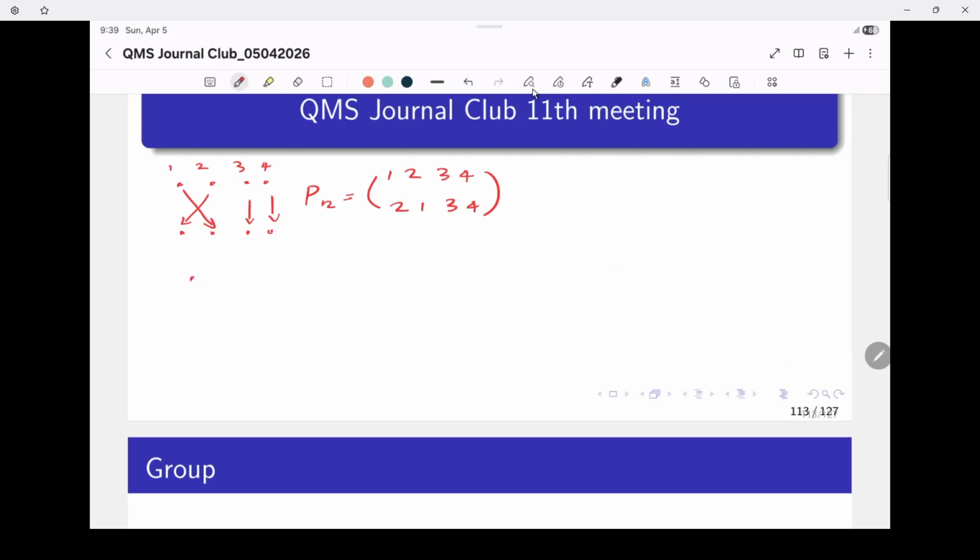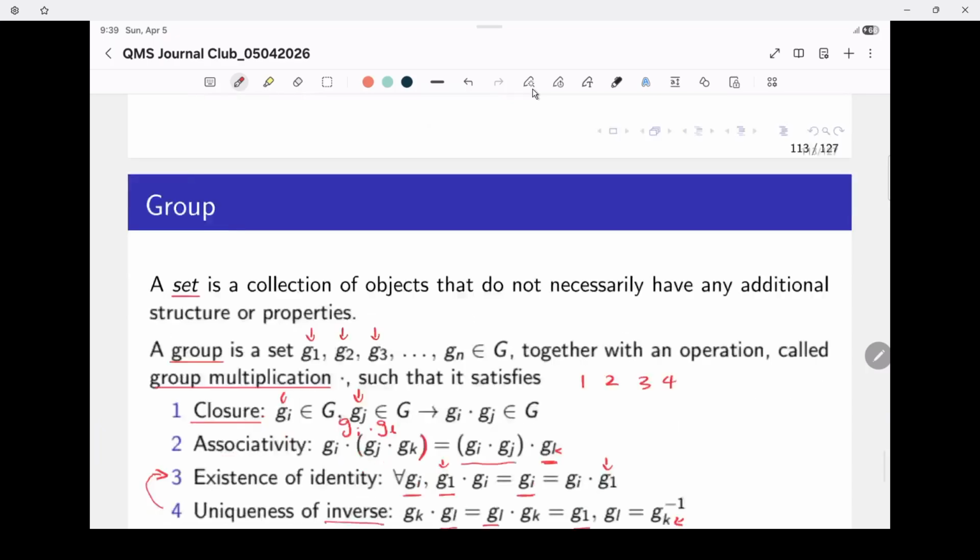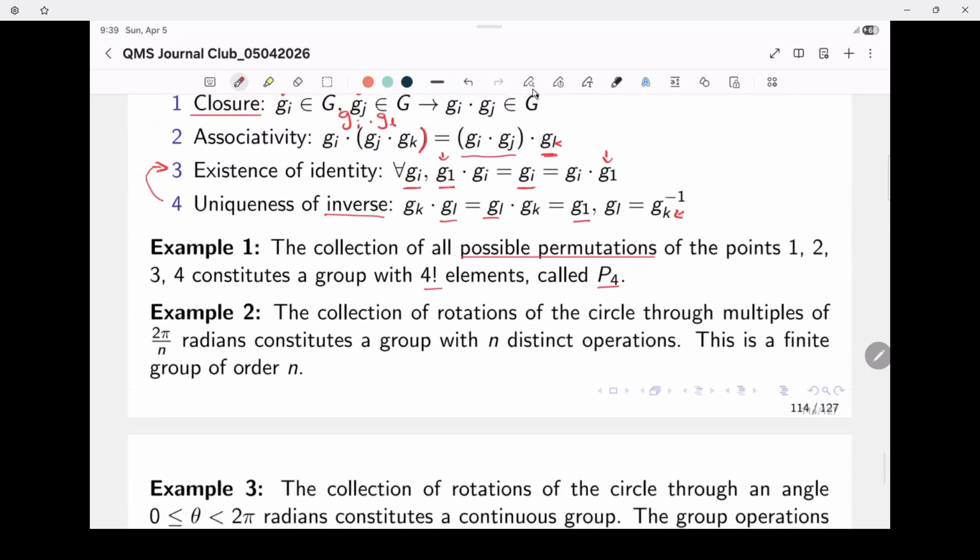If you have something like this, you are switching these two, but the first element and the fourth element will be the same. Then you will have 1, 2, 3, 4, and then 1, 3, 2, 4. So what would be the group operation for the permutation group?